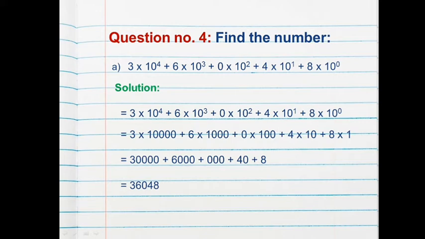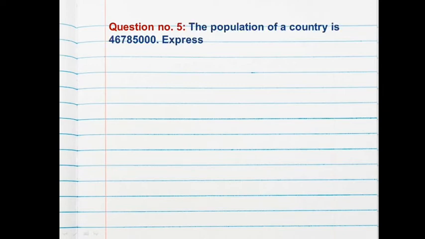So the next question is question number 5. The population of a country is 46 crore 78 lakh 5,000. Sorry, it is 46 crore 7 lakh 85,000.